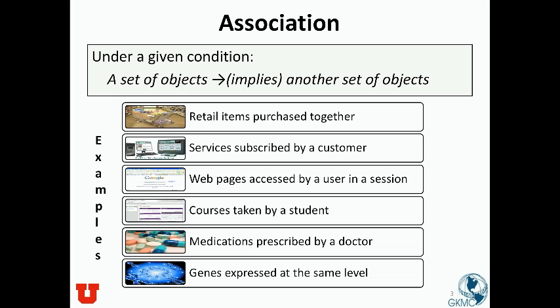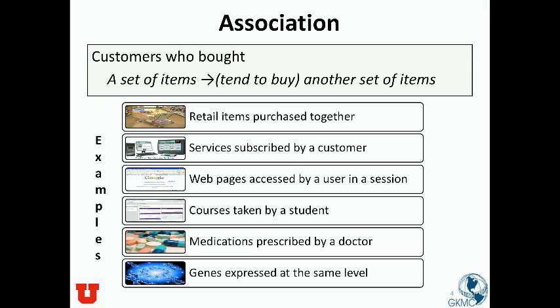Since transactions are usually represented by online shopping carts or shopping baskets, transactions can also be called baskets. The association rule mining task is oftentimes also called market basket analysis.